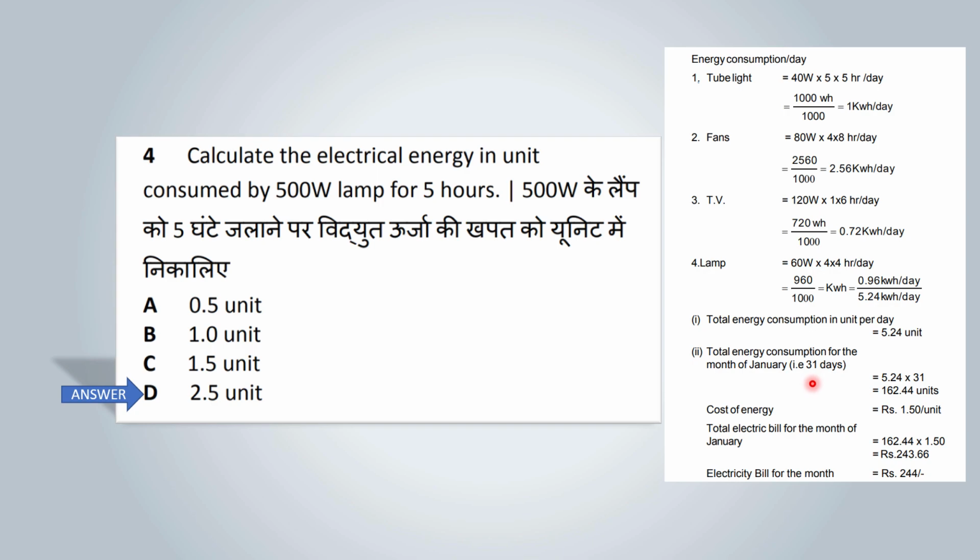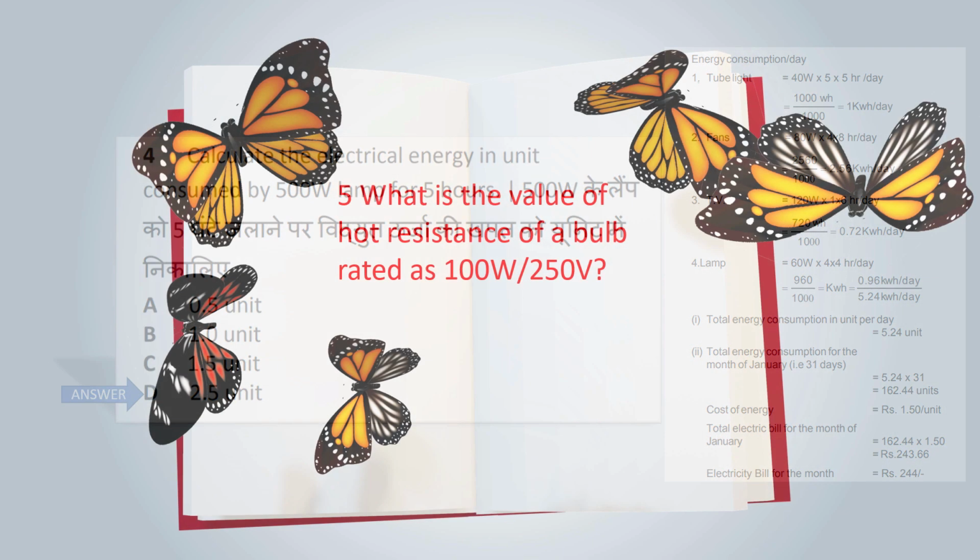This is a very simple problem. We use only one formula, 1 kilowatt hour, 1 kWh. By using this formula, we can solve any type of question. Right? Let's go to the next question.